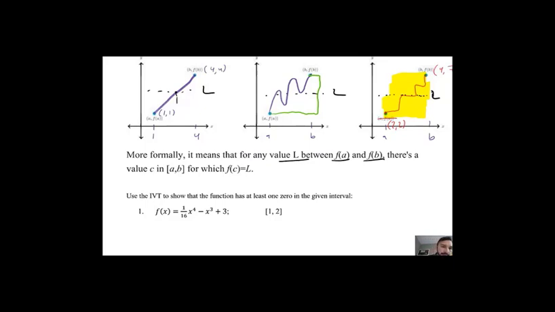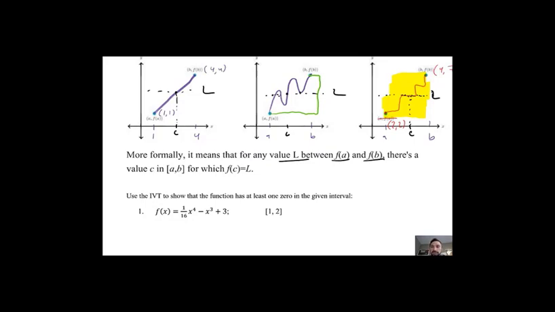So this one hits here, so they're calling this where it hits c. This one hits here, here, here, and here, potentially, so at least one of those would be at c. And this one hits in infinitely many spots, so one of those could be at c. That's what they're saying, where f of c equals L.